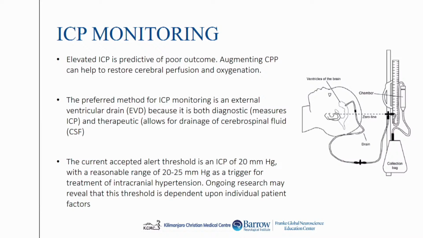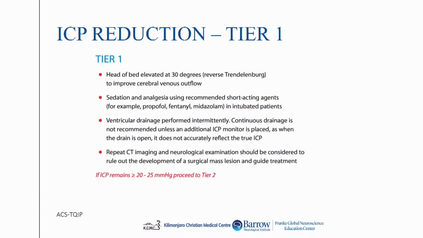The 20 is not as hard and fast of a number as it used to be. But we tend to think that if ICP stays above 25 for a prolonged period of time, that tends to lead to worse outcomes from TBI. And there's different strategies that we can use to target that. This is what I'm going to focus on in terms of the acute management just for a few minutes.